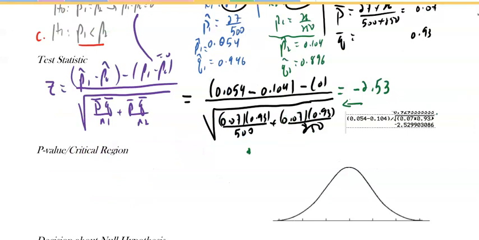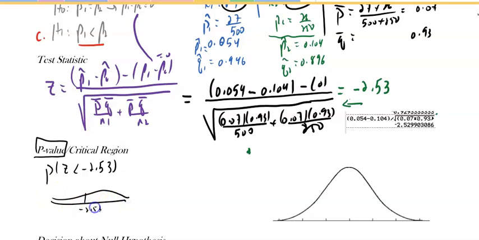So now we're going to do the p-value. The p-value would be, what's the probability that z is less than negative 2.53? Well, I'll get my calculator out.